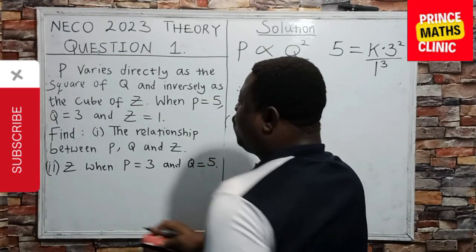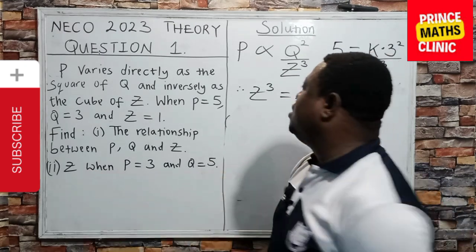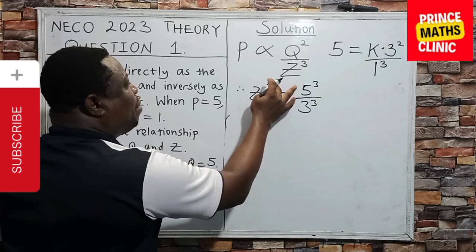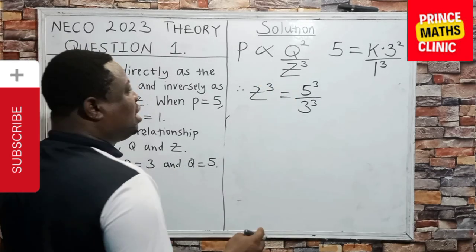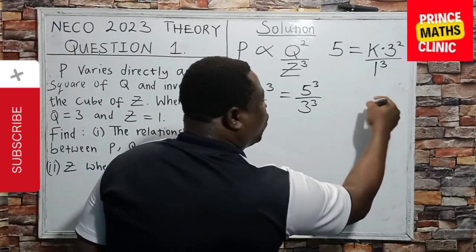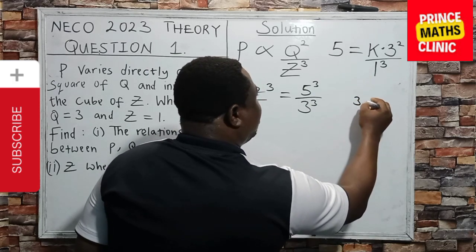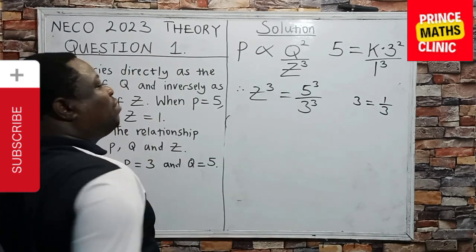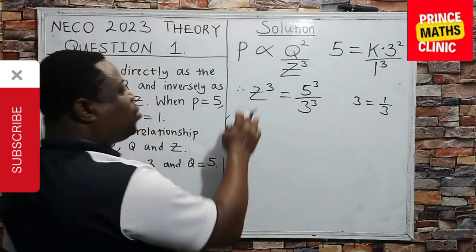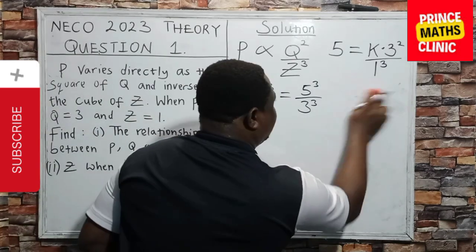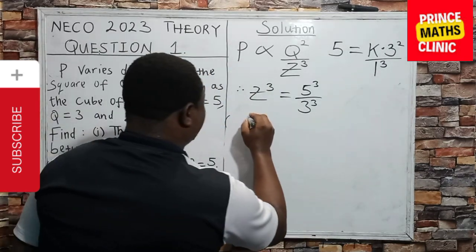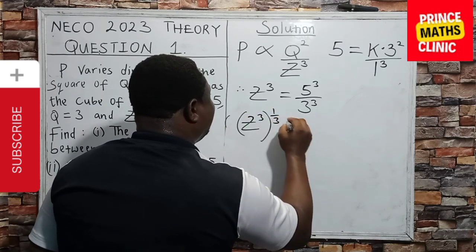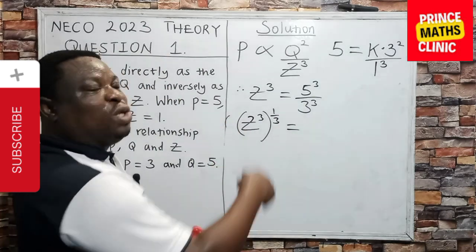But we are not asked to find Z cube, we are asked to find Z. The only way I can find Z here is to multiply the power here by the inverse of 3. And inverse of any number is 1 over that number. So 3 has an inverse of 1 over 3. So I'm going to multiply here by 1 over 3 so that 3 can cancel this 3 to eliminate the 3 there. Therefore, this becomes multiplied by the power 1 over 3. And what you do to the left, you must do to the right.